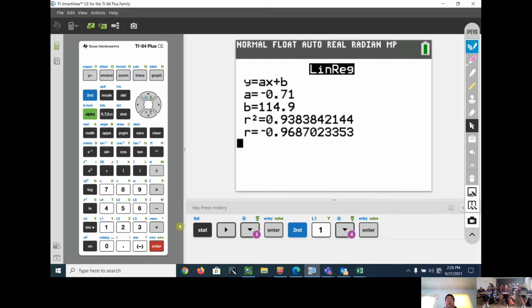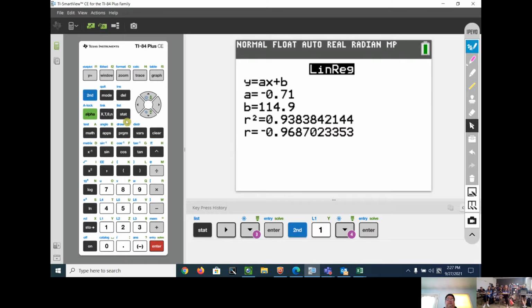And there is your y is equal to negative 0.71x plus 114.9. Now, the good thing with the calculator is you can calculate everything without having to punch in a lot of numbers.